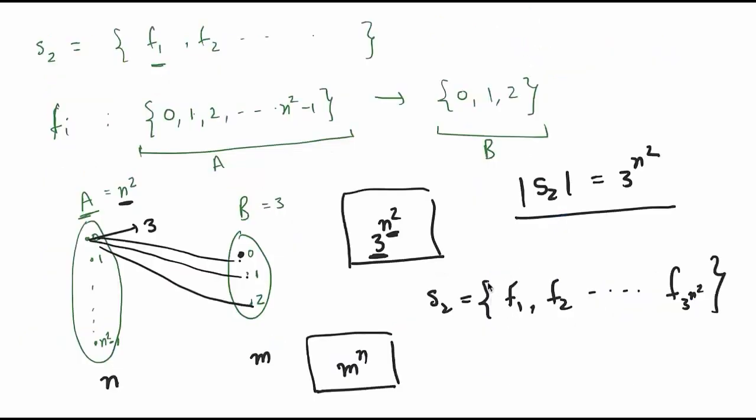So both cardinalities are the same: cardinality of S1 equals cardinality of S2 equals 3 power n square.